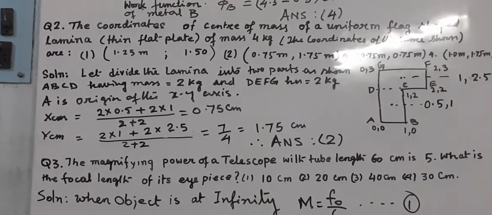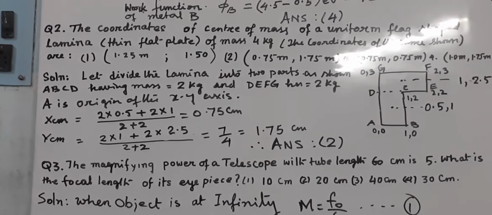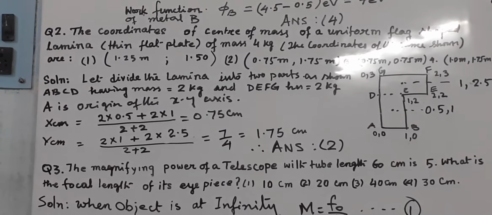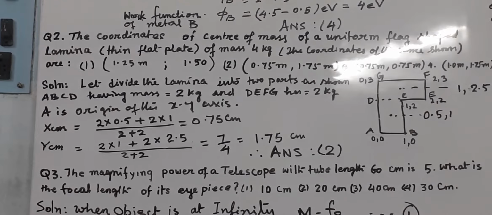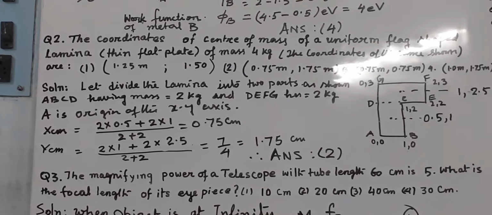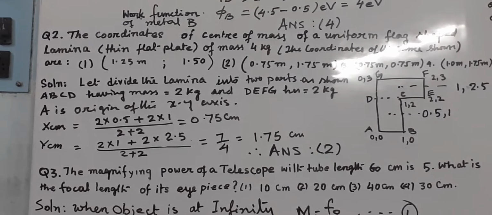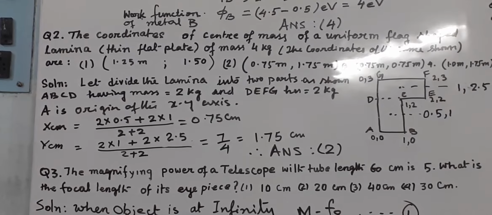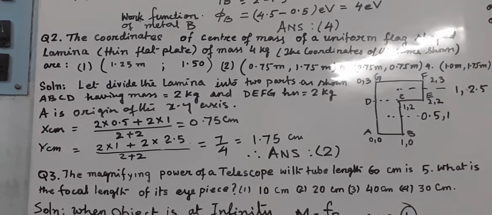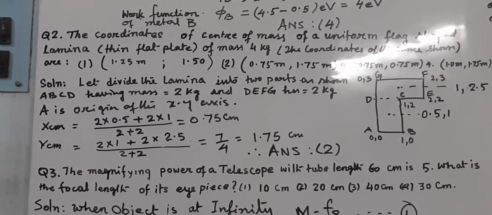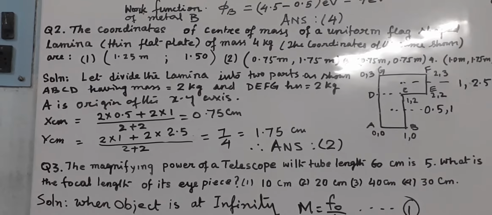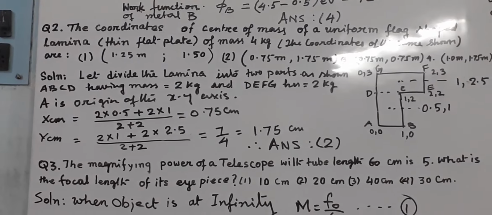Let us divide the lamina into 2 parts as shown in the figure, ABCD and DEFG. Now, each one will have a mass of 2 kg. A can be considered as the origin of the xy axis.